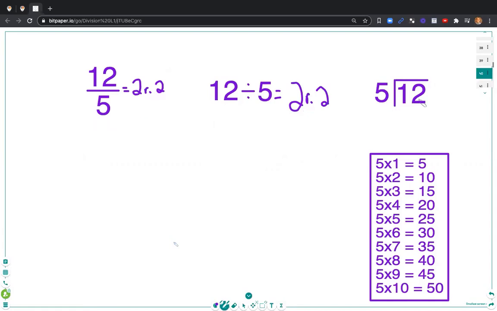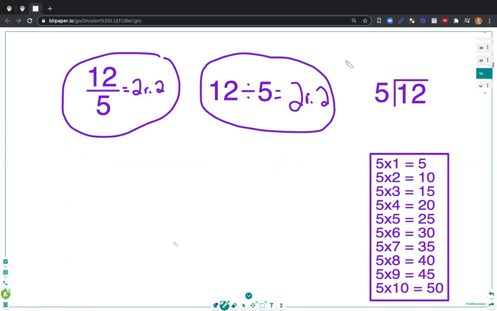These are simply 3 different ways of writing a division problem. How many 5s, groups of 5, can I make if I start with 12? I can make 2 groups of 5, which is 10. The difference, or remainder, is 2. 12 divided by 5 is 2, remainder 2.